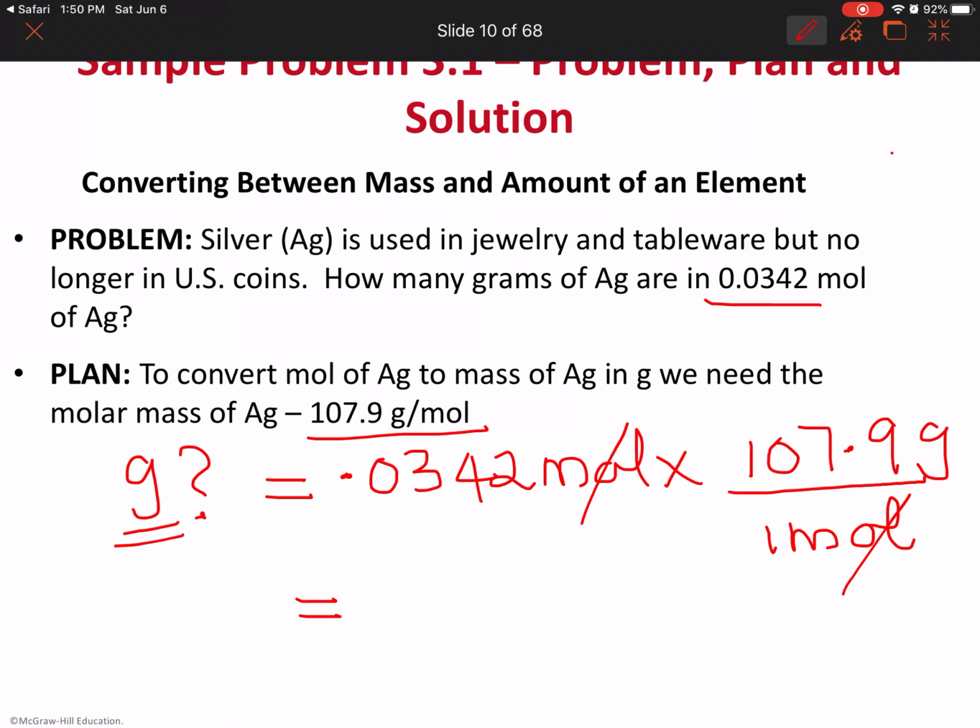That is 3.690. But here we have 3 significant figures, and the other number has 4. This is a multiplication, so we keep it to 3 sig figs. So 3.69 is the correct answer. Okay. Got it? Okay. So let's move on with the next one then.